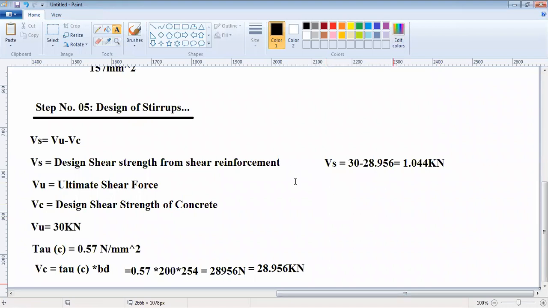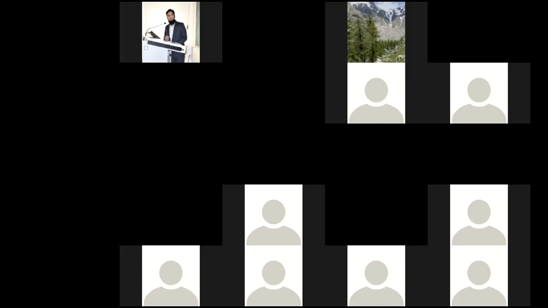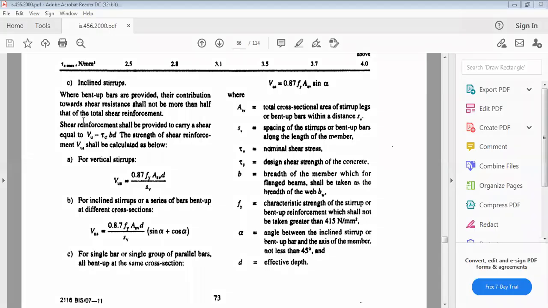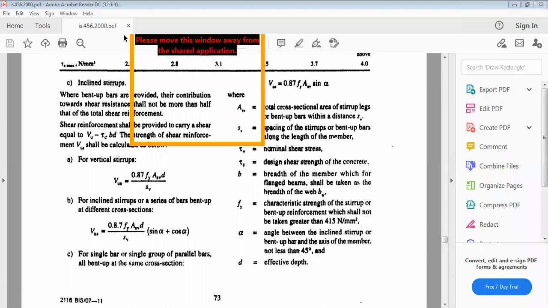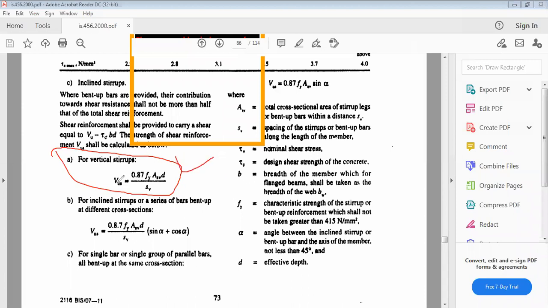Now, I have already told you about this equation. For vertical stirrups, this is the equation that you use, page 73. VUS is 0.87 FY ASV D by SV.